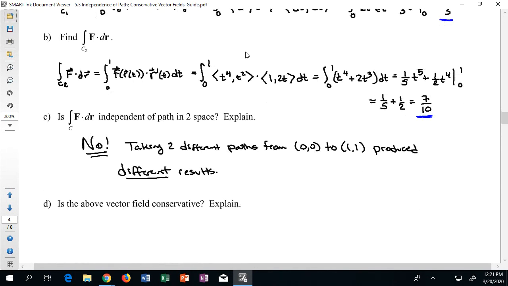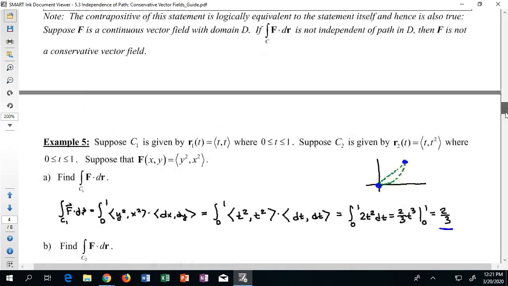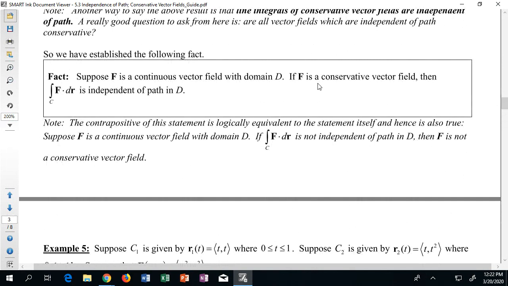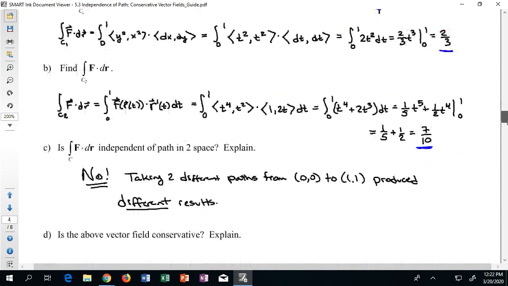Now, part D then becomes the important thing to consider, and it's related to the theorem that we had at the end of the last video. Is the above vector field then actually conservative? And if we take a look back at what we saw in the last video in this important fact, we said if a vector field was conservative, then it was definitely independent of path. But we also saw this. If a vector field is not independent of path, then F cannot be a conservative vector field.